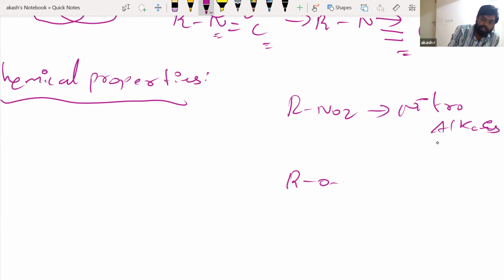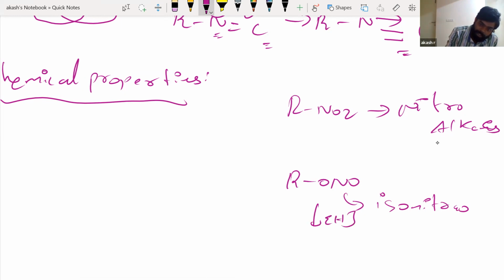Now you also have this RONO. These are called isonitroalkanes, or isonitrites. Even if you reduce this, you see that you cannot produce amines.